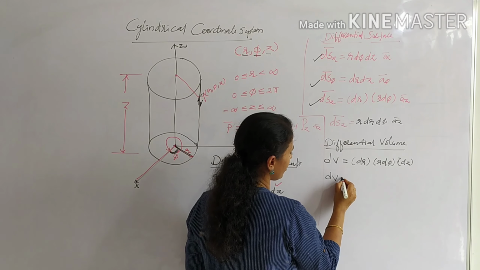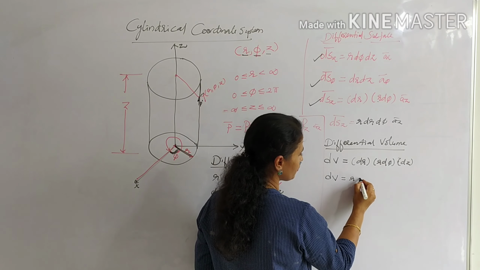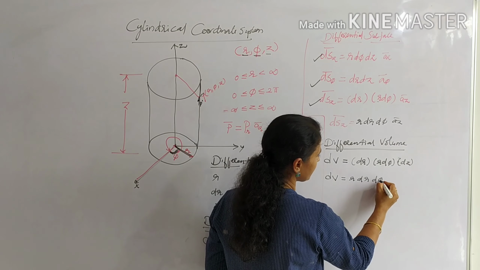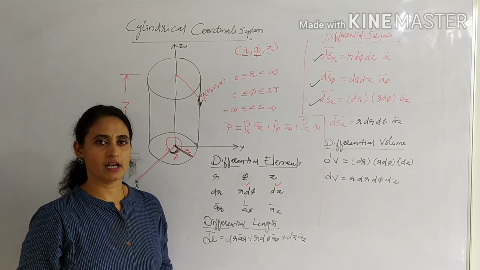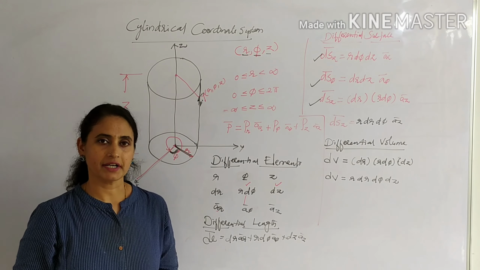So the differential volume is given by R dr d phi dz. So these are the differential elements in the cylindrical coordinate system.